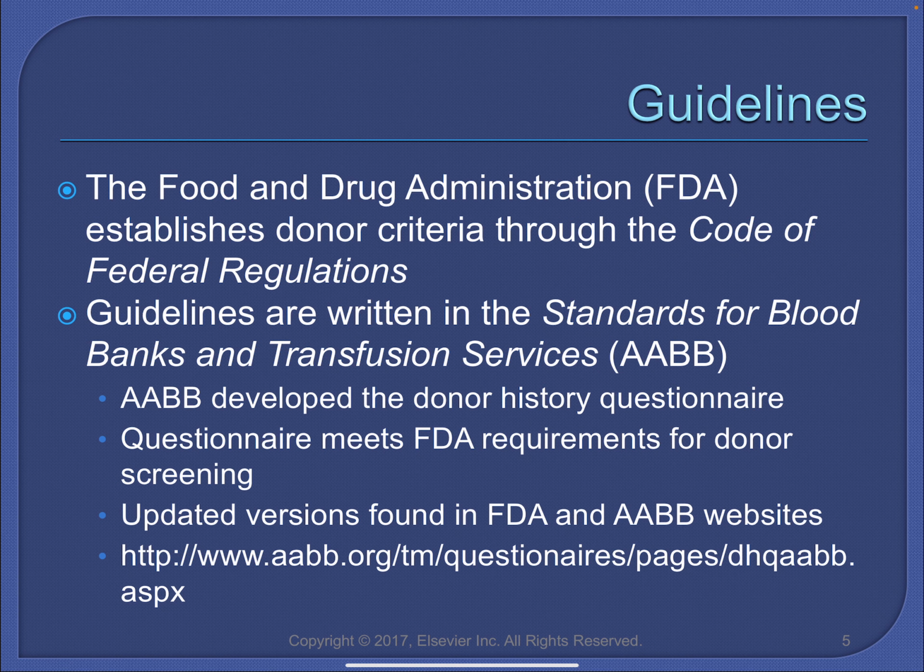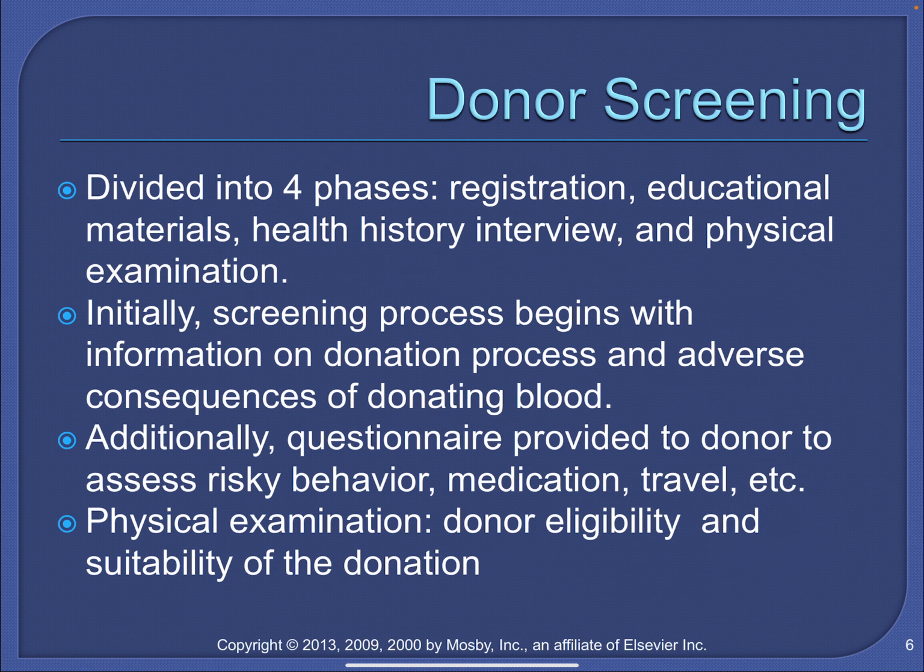The AABB came up with the Donor History Questionnaire, the DHQ, which provides uniformity and clarity for determining the eligibility criteria for donors, for people who volunteer to donate blood. On the FDA and AABB websites, you can see the documents they provide in terms of requirements for blood donation.